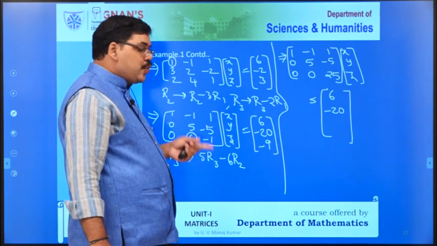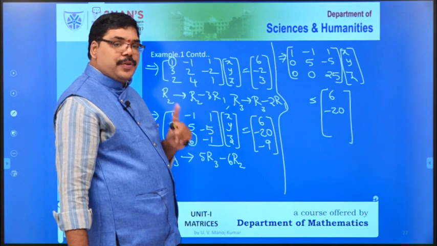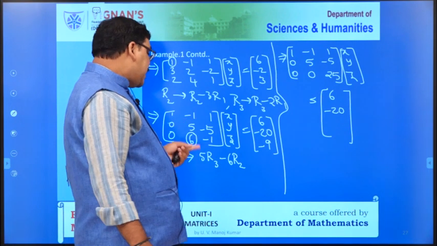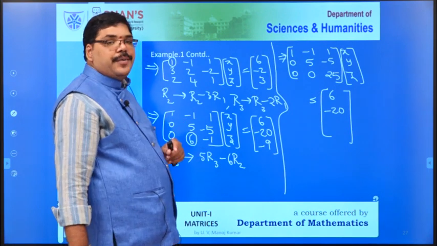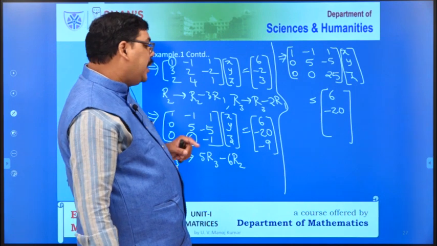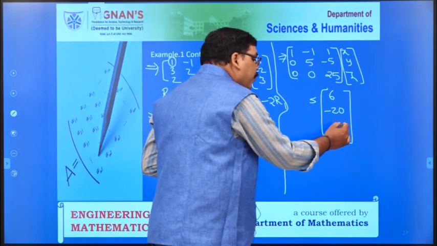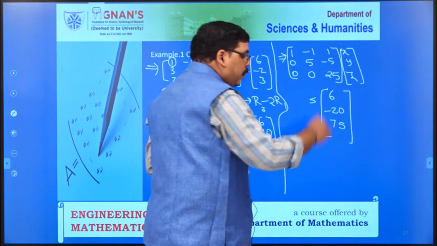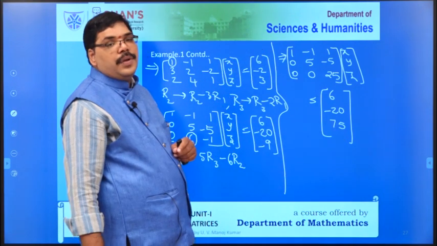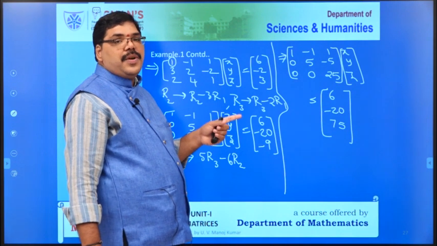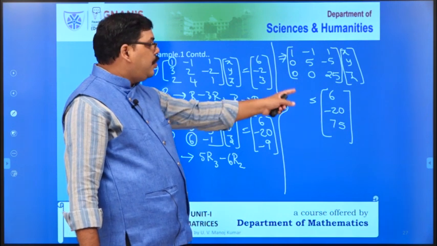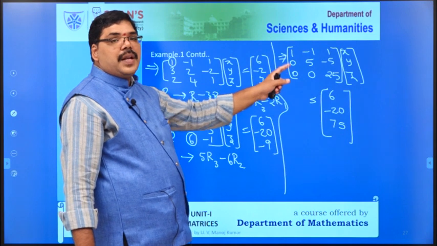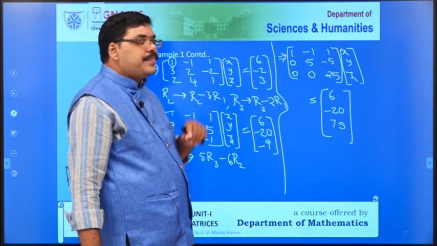We are subtracting, so minus 120 becomes plus 120. Plus 120 minus 45. What is the result? So, the system of equations reduced to echelon form after applying row operations will be like this.